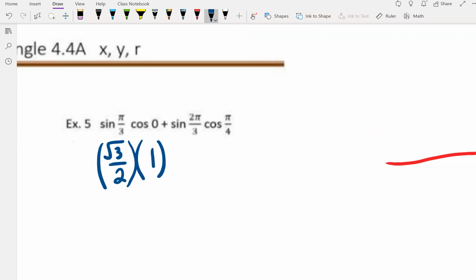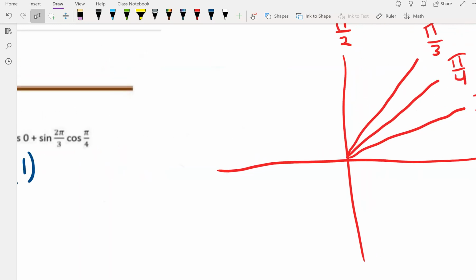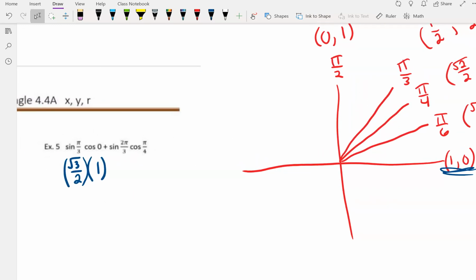Sine of 2 pi over 3. So pi over 3 would be in the first quadrant. 2 pi over 3 would be in the second quadrant, but it still has a reference angle of pi over 3. So second quadrant, A, smart, trig, class. Second quadrant, sine should still be positive. So that should still be positive for sine.